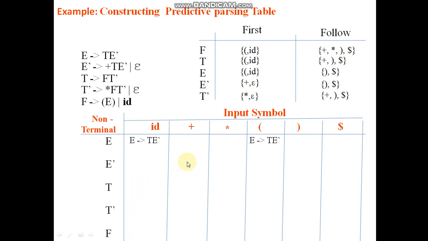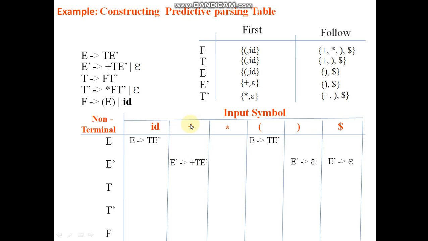The obvious answer is in the plus column, because first of E dash contains plus and epsilon, but for epsilon we do not need to add a column. So in the plus column we make the entry E dash gives plus T E dash.